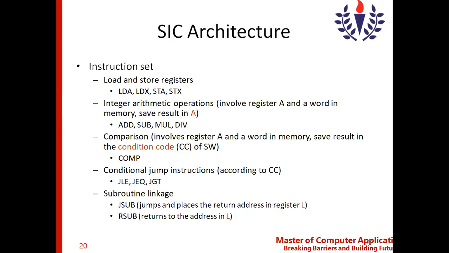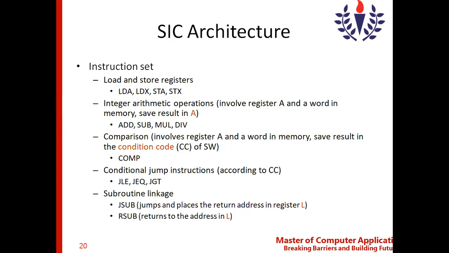Coming to the third operation, that is comparison. Here we use the instruction COMP. In this, based on the condition code value, what it has to do will be done. So it involves register A and the word in the memory.